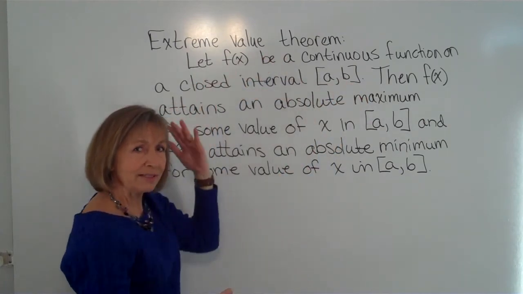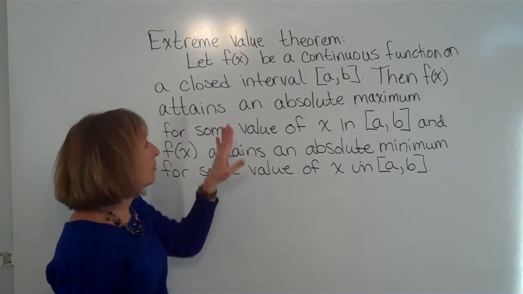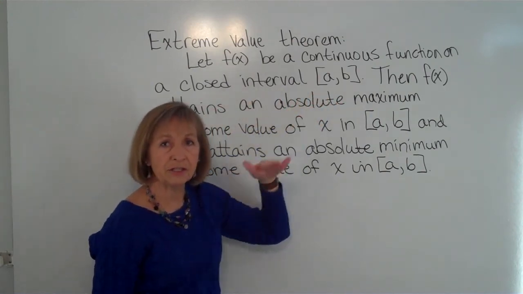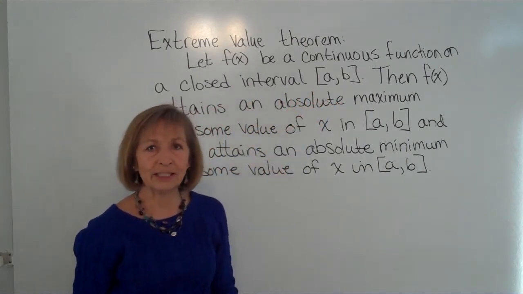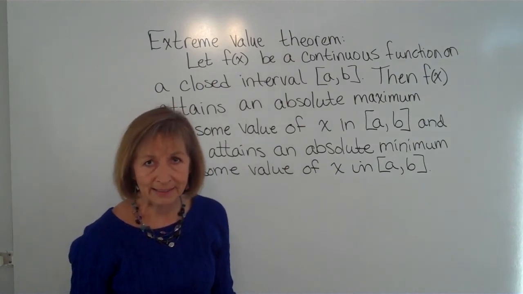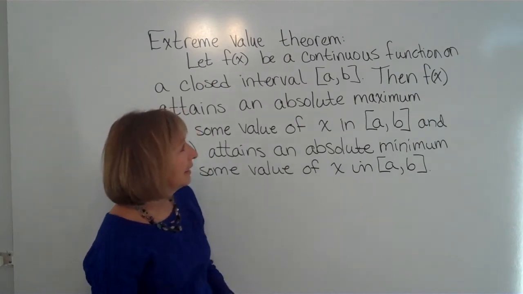So it's kind of redundant to say the words closed interval when we use this notation, but when you're first starting to look at it, it's just always good to be reminded that that's what we have.